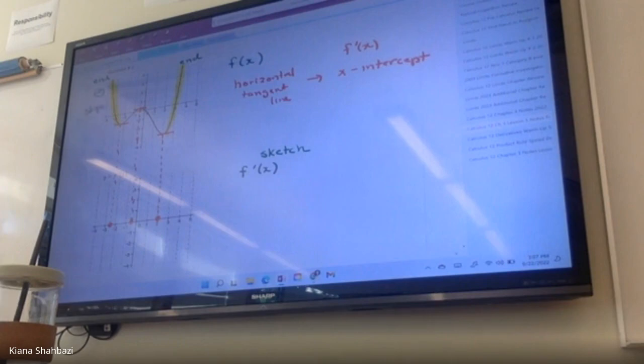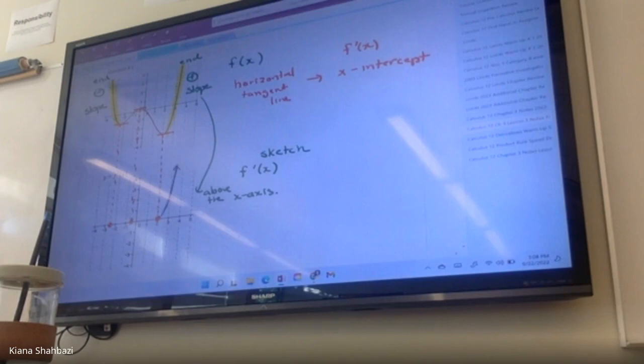And this is a positive slope? A positive slope means that over here you should be above the x-axis.